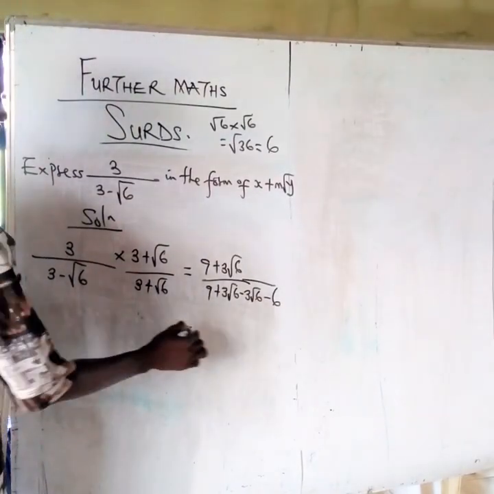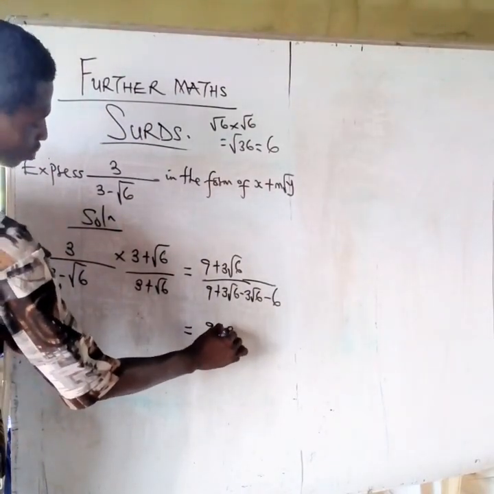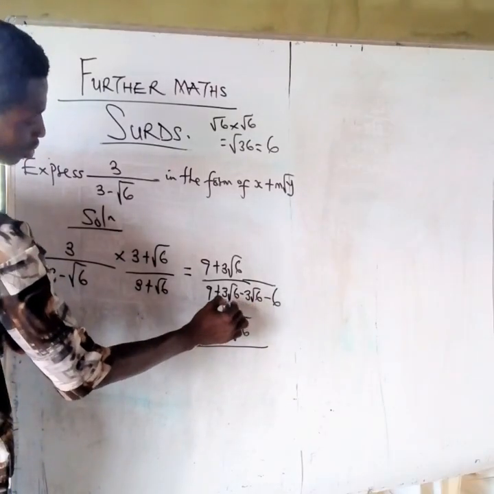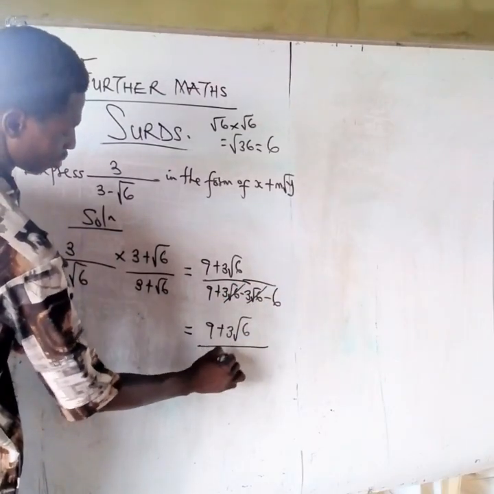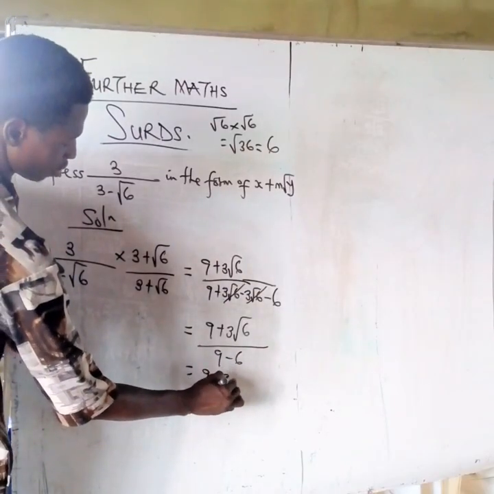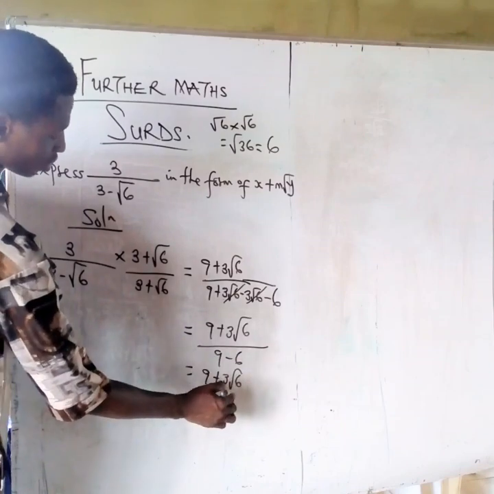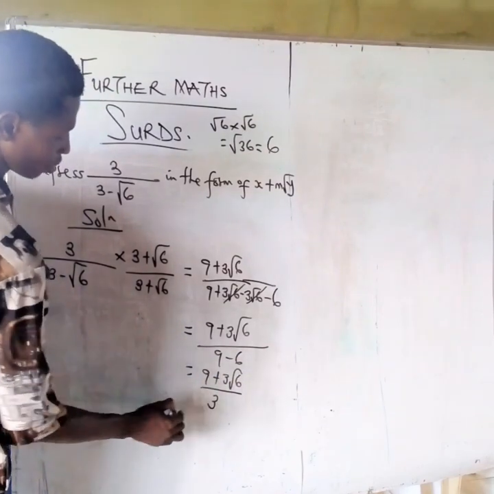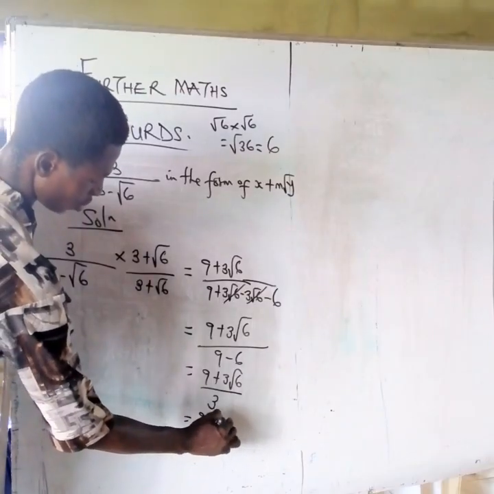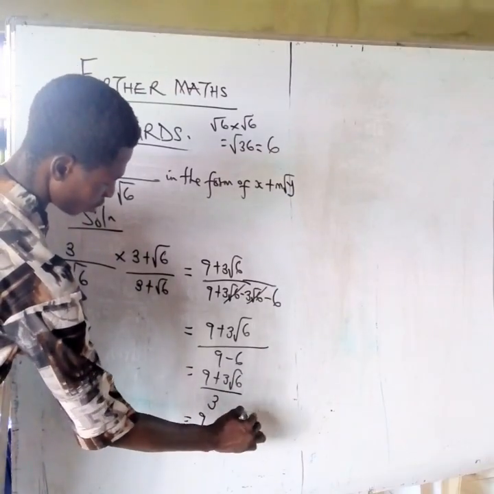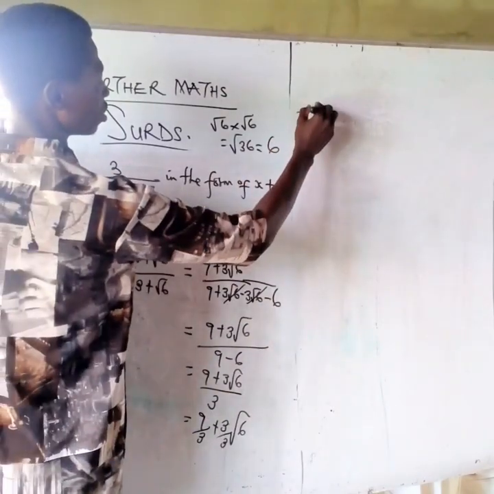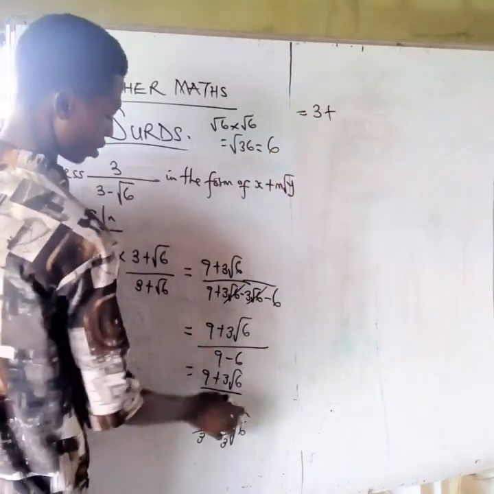Okay, so you have 9 plus 3 root 6, and minus 3 root 6 is gone. So you have 9 minus 6, which is 3, over 9 plus 3 root 6. So we can break this into 9 divided by 3 plus 3 over 3 root 6. 9 divided by 3 is 3, plus 3 divided by 3 is 1.